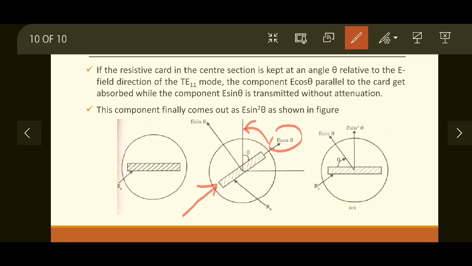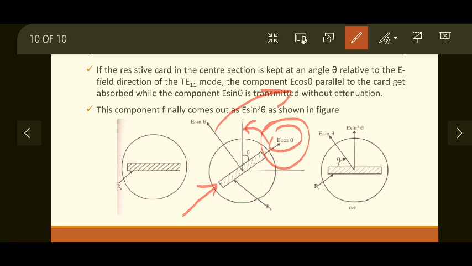Since this is the parallel component, it will get absorbed, while the component E sin theta is transmitted without attenuation. So this will be transmitted and this will be absorbed.